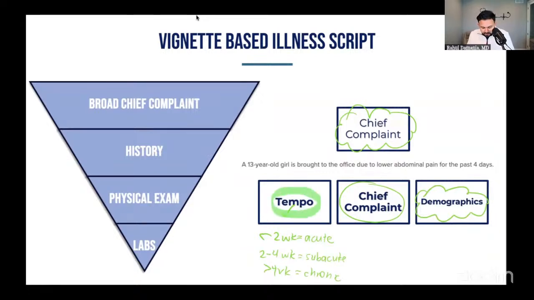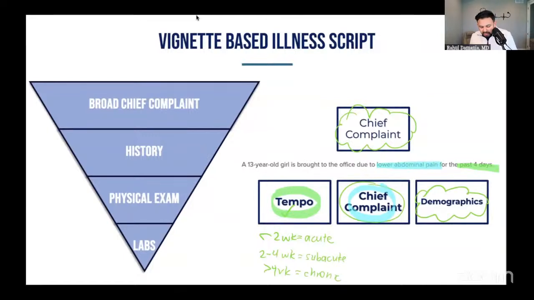Tempo here, 4 days. So what's the tempo? Go ahead and type it into the chat. What is the tempo? Good. If you're saying that the tempo is acute, you're absolutely correct. All right. What is going to be the chief complaint here? Go ahead and type that into the chat. Chief complaint is going to be, yes, lower abdominal pain.